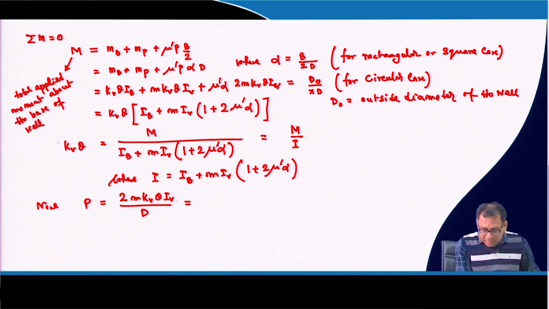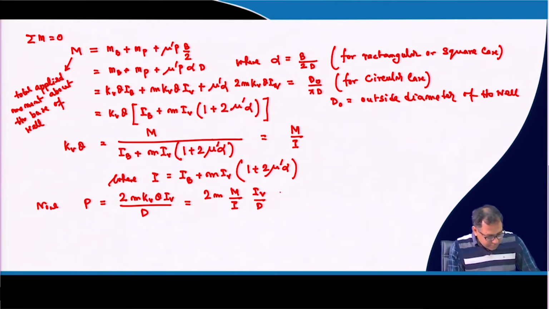Now, k v theta is M by I, so if I replace that, k v theta is M by I and this is Iv by D, and remember that M is the applied moment.